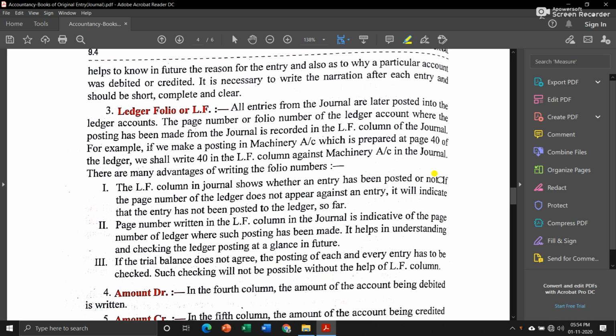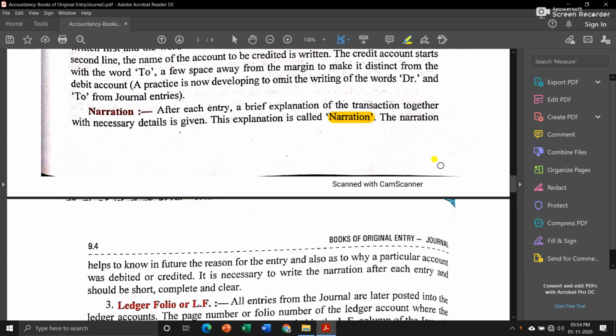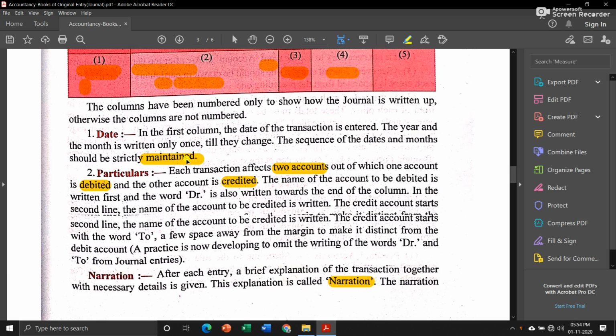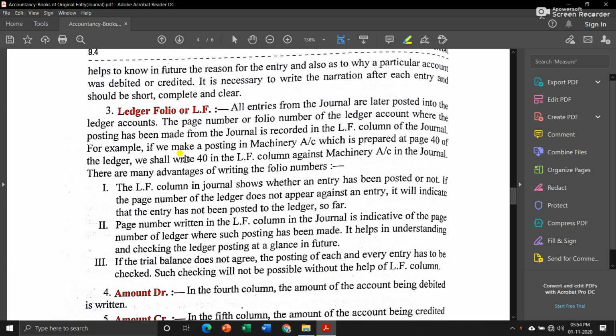So if you had made ledger entries, then it is compulsory for you to write the ledger folio number in the journal. So if you see a ledger folio in front of any journal transaction, you will remember that you have entered this transaction in your ledger. But if any transaction doesn't have a ledger folio number, that means you haven't made an entry into the ledger book regarding the journal entry.